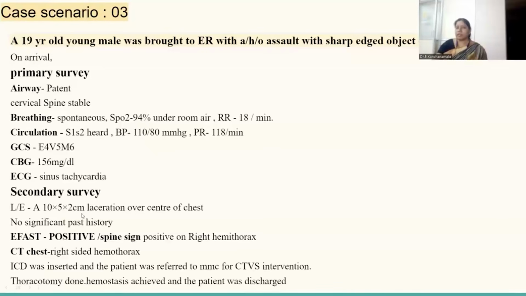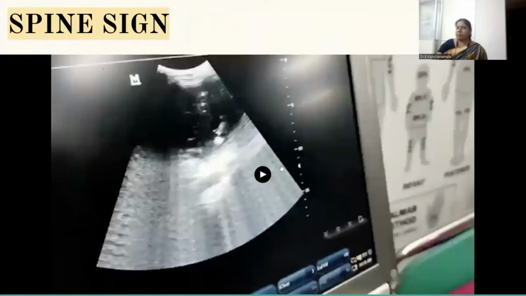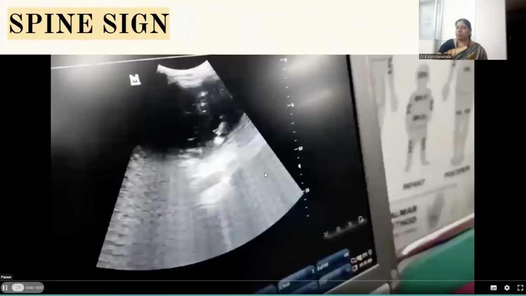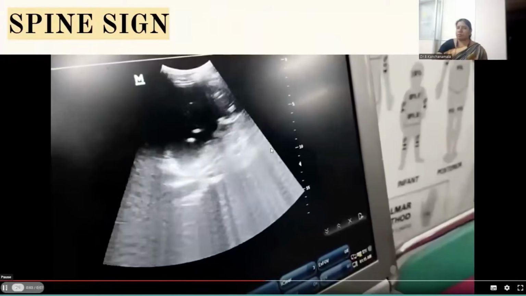There was sinus tachycardia, and a laceration over the chest. eFAST showed a positive spine sign suggesting hemothorax in the right hemithorax. ICD was inserted. This patient is also doing well, and this video shows the spine sign positive.